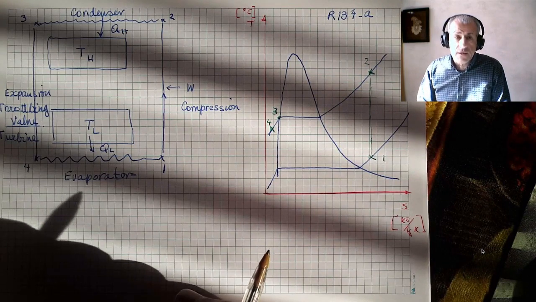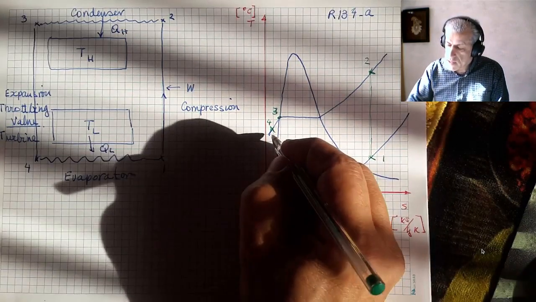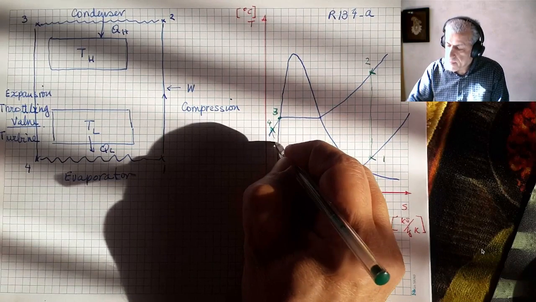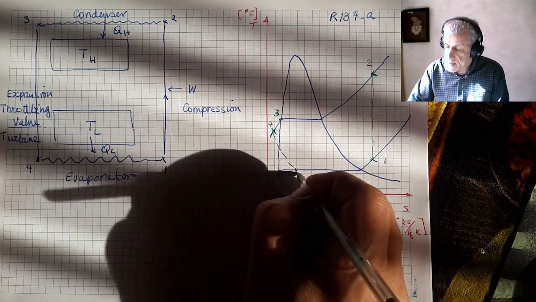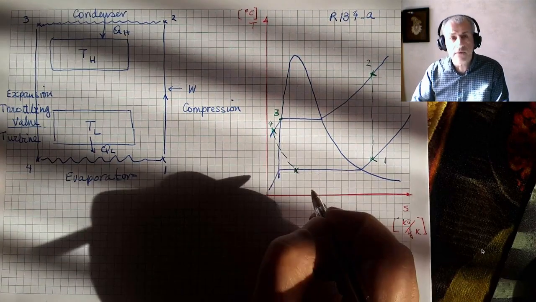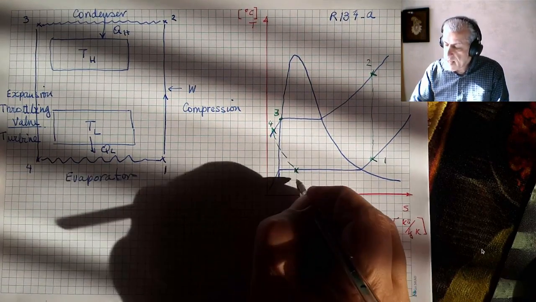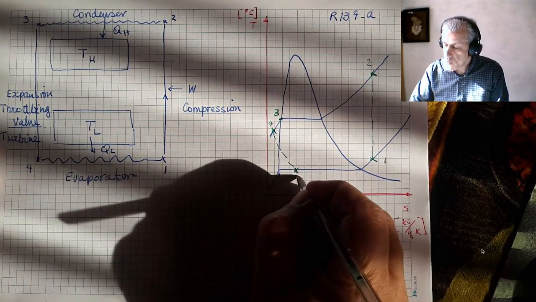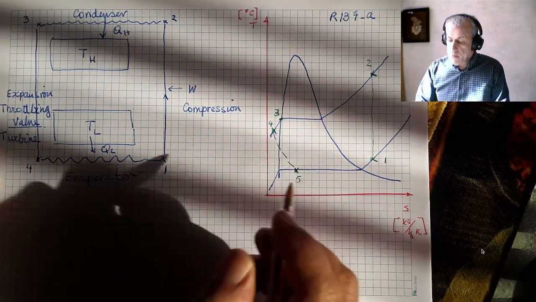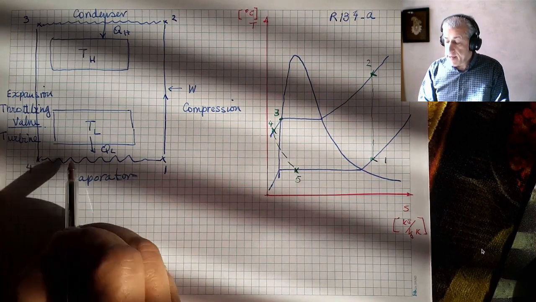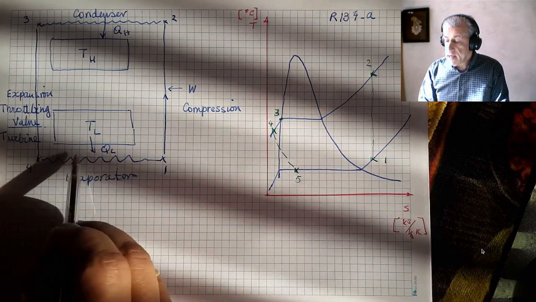Then there is the throttling process. It is irreversible. There is no doubt that it is irreversible, and it would be point 5, where point 5 would enter this process.